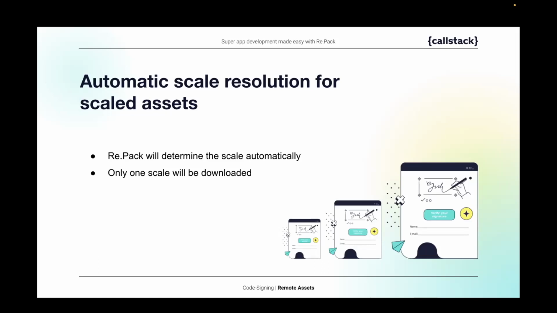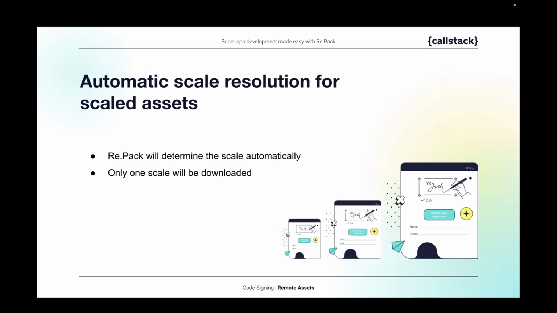So one last thing we wanted to talk about when it comes to remote assets is that we included automatic scale resolution for scaled assets. What it means is that, for example, if you have locally three sizes of an asset, and you convert these to remote ones, Re.Pack will do scale resolution in the runtime of the client's app.